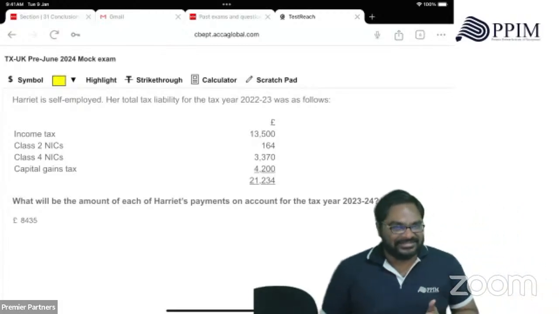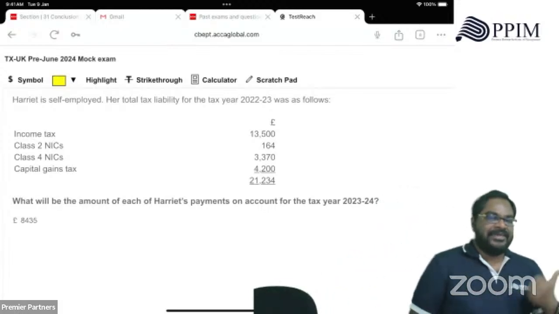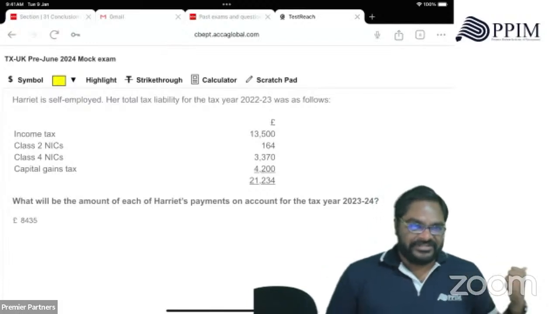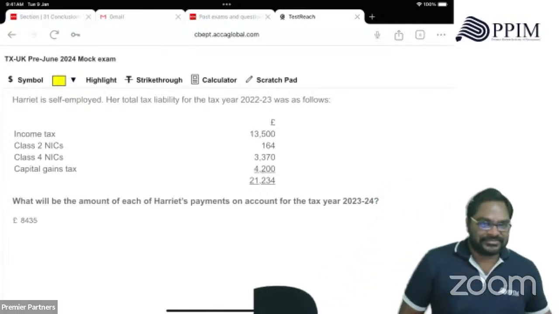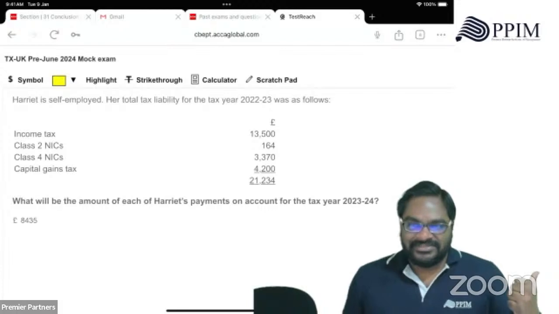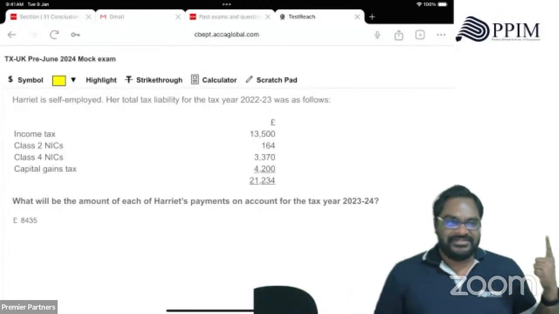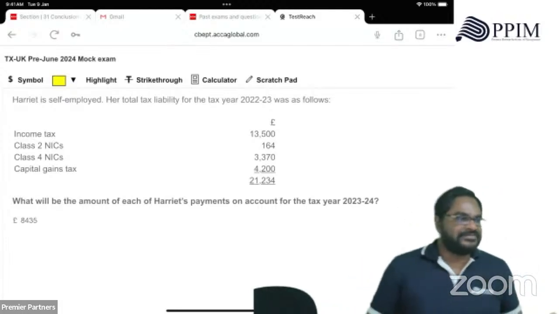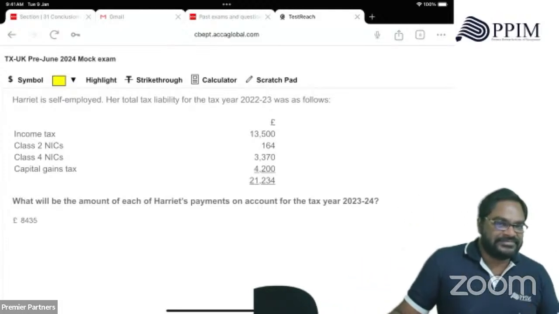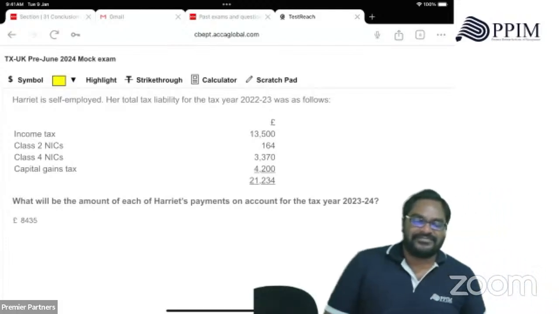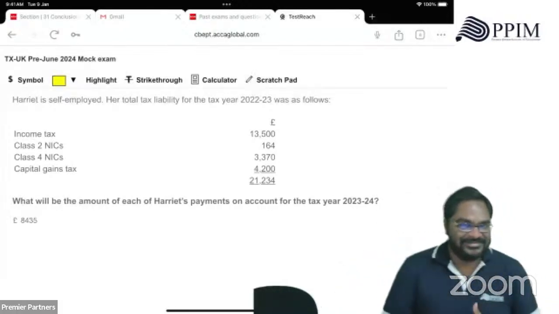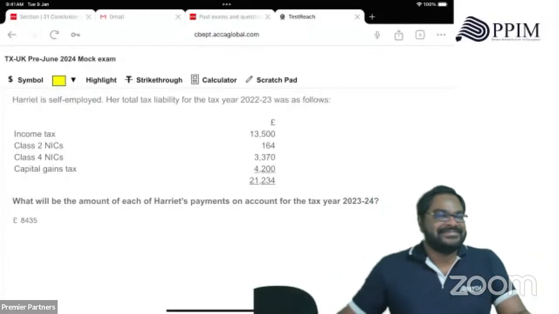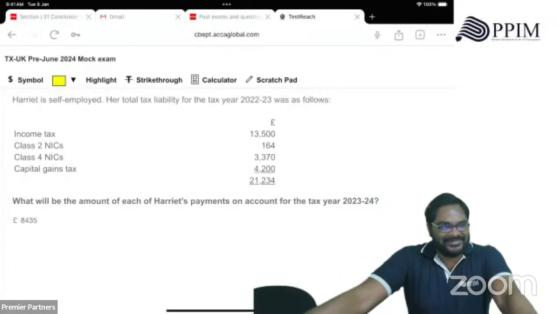The other one is others. Payment on account comes into the picture if last year your income tax liability was over and above your PAYE.